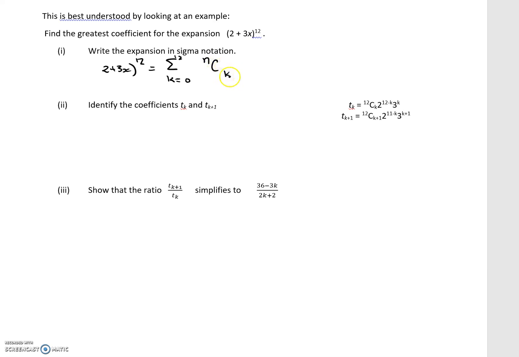If k was 0, we'd be talking about our first term. We know that's going to have 2, that should be a 12 back there, 2 to the 12 minus k, and 3x to the k.